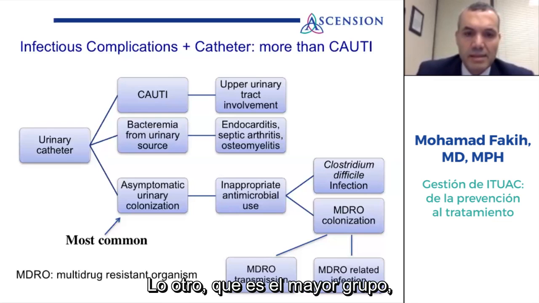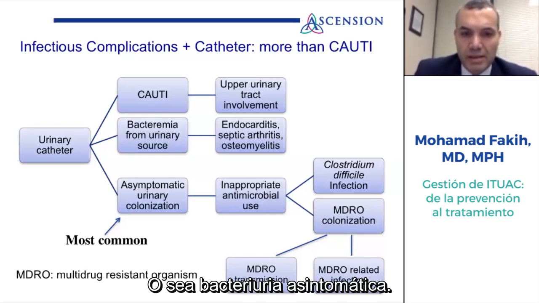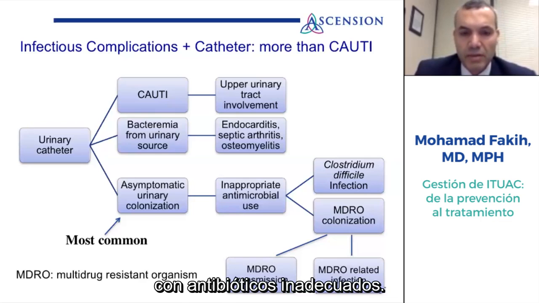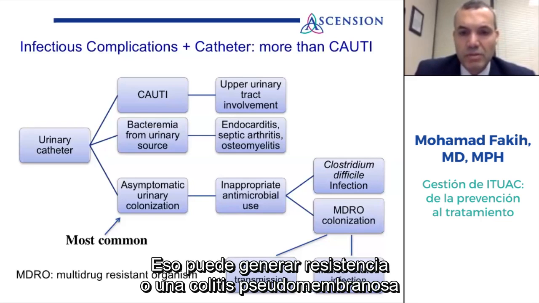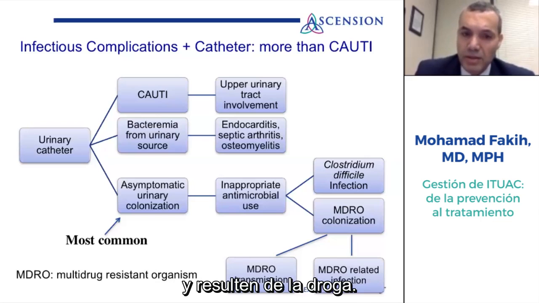The other thing is, and this is the biggest group, is asymptomatic urinary colonization. So you have asymptomatic bacteriuria. Well, the problem with that, whenever it's identified, physicians tend to treat asymptomatic bacteriuria inappropriately with antibiotics. And that will lead to either resistance or Clostridium difficile infection, or other side effects that may not be infectious, but maybe a drug reaction.